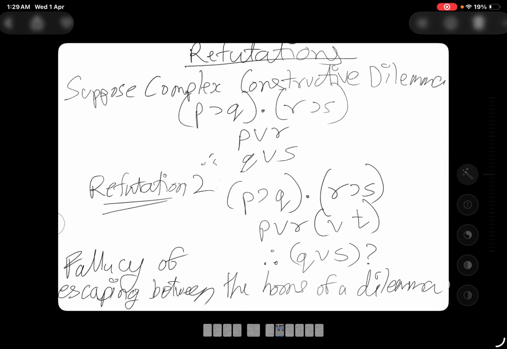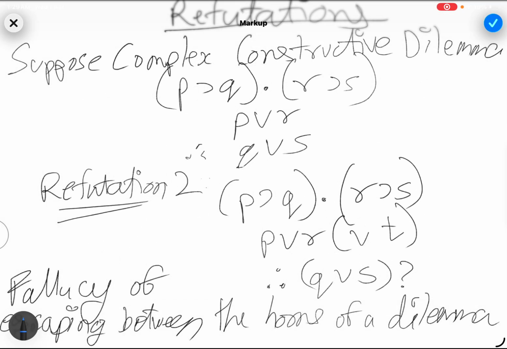Next, refutation number 2. Here you leave the major premise as it is. This is the original dilemma, with the major premise as it is. In the minor premise, you just add a third option.